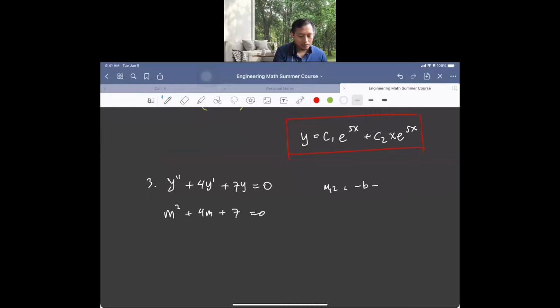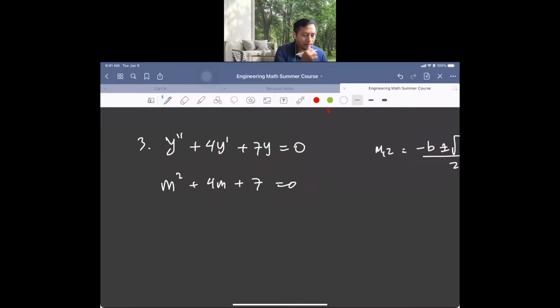Or if you want, you can complete the square to get the standard form.